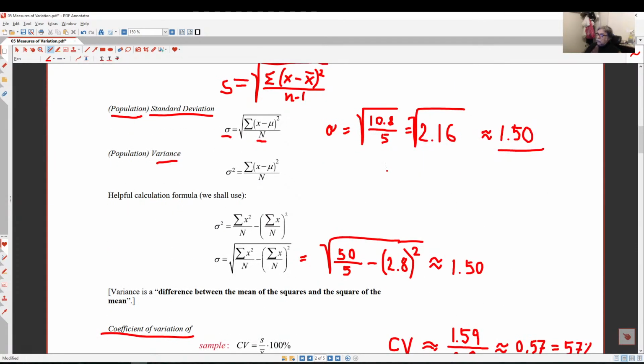Okay. It also has a helpful formula. So, for example, here, this is the formula for the variance that is easier to use. That also uses sum of x squares and sum of x's. So you get sum of x squares, which we already know was 50, right? Divided with 5, and then you have sum of x's, which is 14 divided with 5.